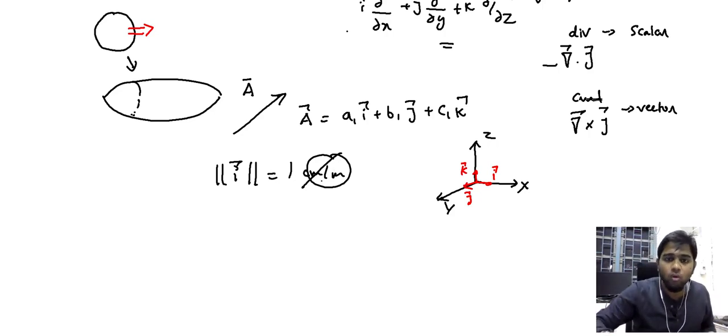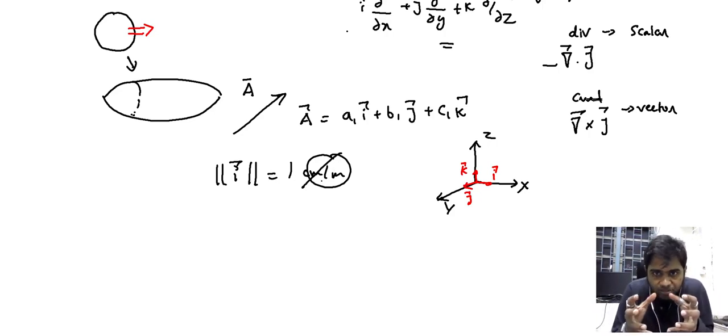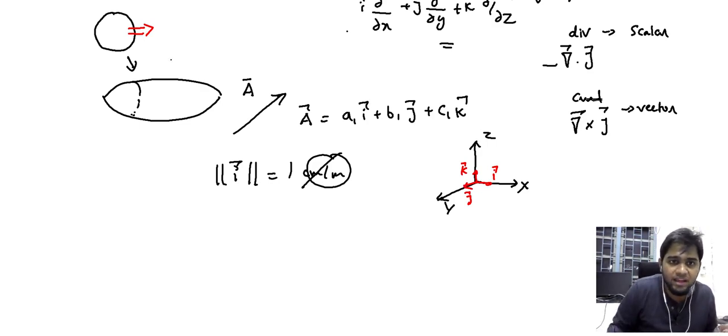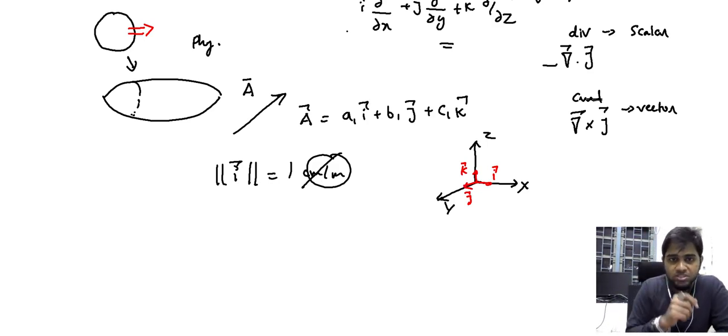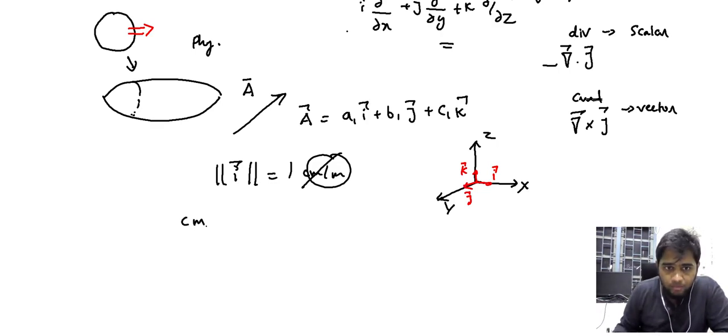But when we want to have such a representation of the scalar in real life, in a physical condition such as this, then it is rather important for us to attribute a unit to these vectors. Depending on the scale that we consider, this unit vector can be of unit centimeter length, unit meter length, or unit kilometer length.